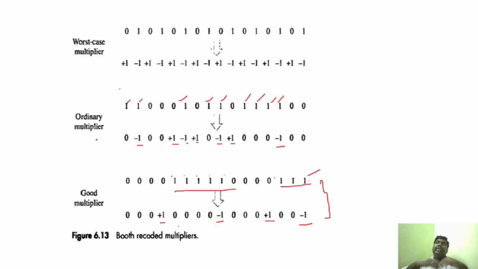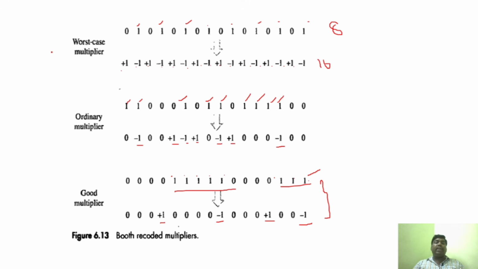Okay, and even if you use Booth algorithm, there is a worst-case multiplier as well. If you see this one, with the normal multiplier, 1, 2, 3, 4, 5, 6, 7, 8, right? So you have 8 normal operations. And if you use Booth algorithm, what will you get? 1, 2, 3, 4, 5, 6, 7, 8, 9, 10, 11, 12, 13, 14, 15, 16 operations.